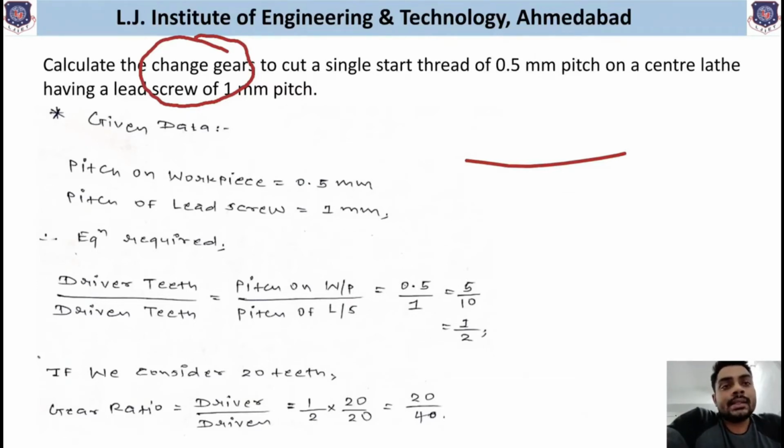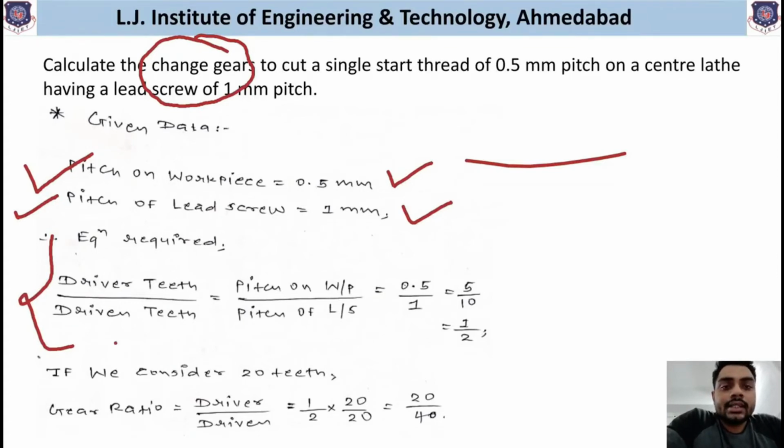So over here, similar method, list the given data. They have given the pitch required on the workpiece, that is 0.5 mm, and the pitch of the lead screw, that is 1 mm. Now we have obtained this equation in our topic of thread cutting mechanism: driver teeth divided by driven teeth equals pitch on the workpiece divided by pitch of the lead screw.